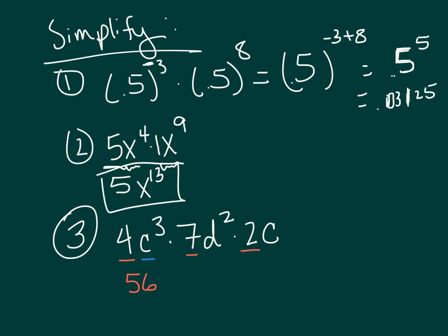Then we've got a c to the third, and we've got a c, which is c to the first. So c to the third times c to the first is going to give you a c to the fourth. And then this d squared doesn't have any other d's to be multiplied with, so it just remains d squared. When you simplify, you just want each base only once in your final answer, and no negative exponents.